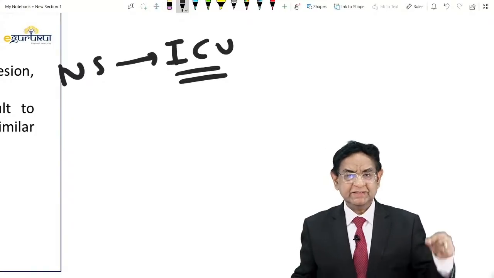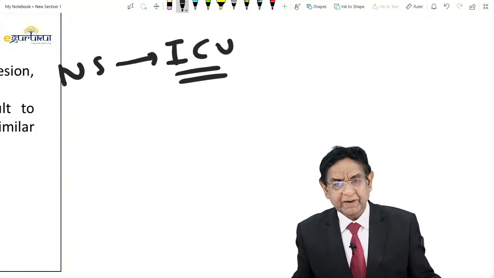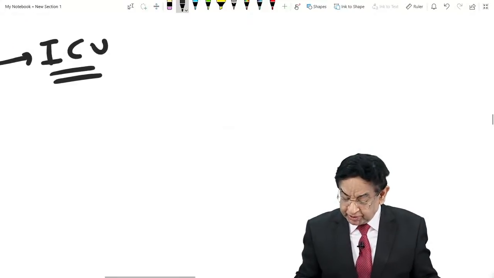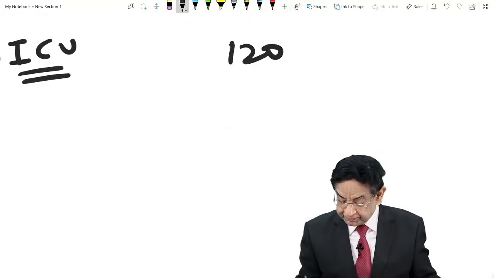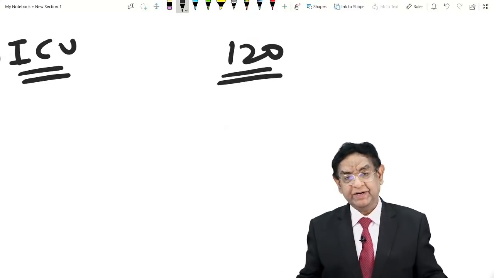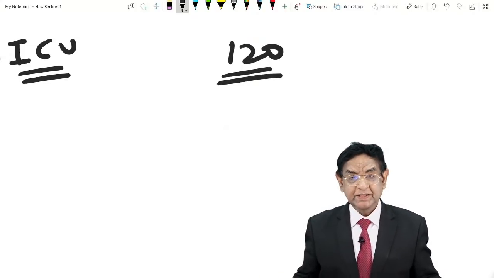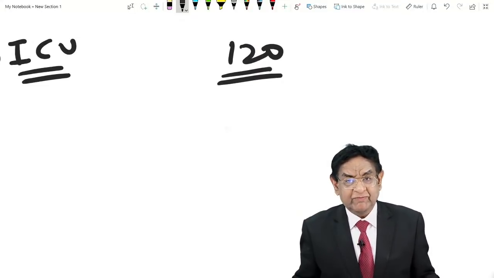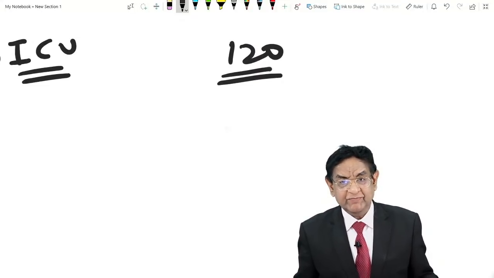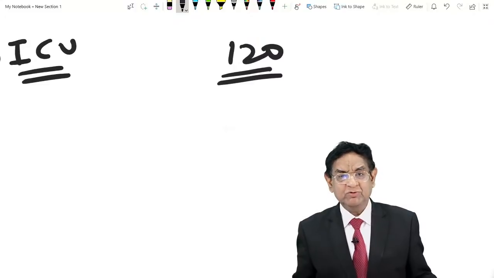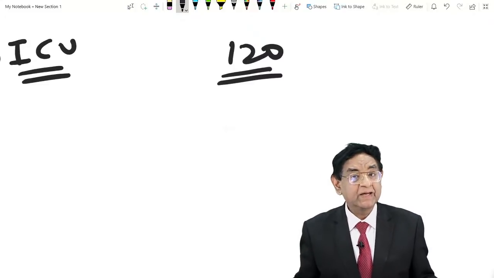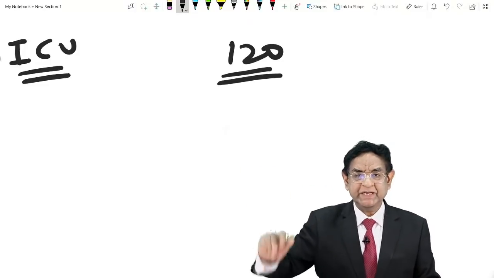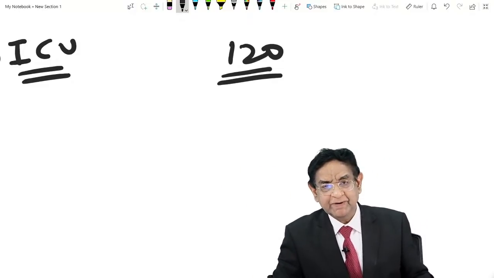There's one case who has been operated for a neurosurgical operation, and his sodium is 120. Neurosurgery people are calling you, they are very worried about the 120, and they ask how to manage.